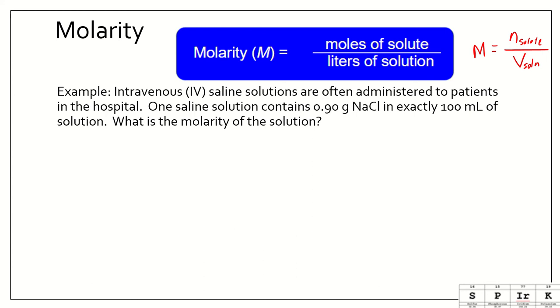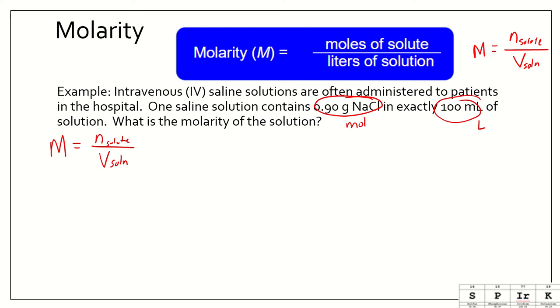One thing we want to look at is the equation: molarity equals moles of solute divided by volume of solution. Then we look at the information we have. We have grams of sodium chloride, and we have milliliters for our solution. So we want to change this to moles, and we want to change this to liters. So before we can do any calculation, let's start there.